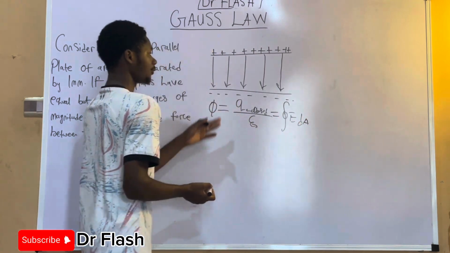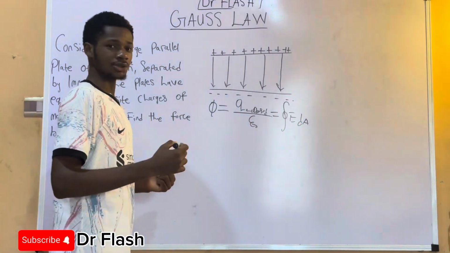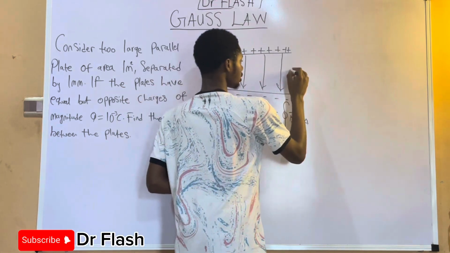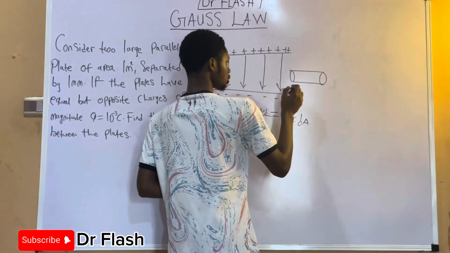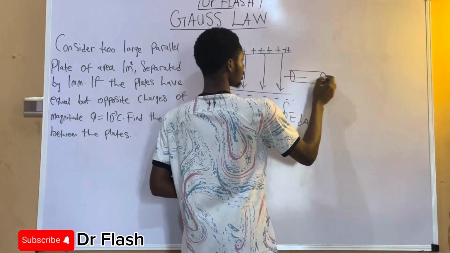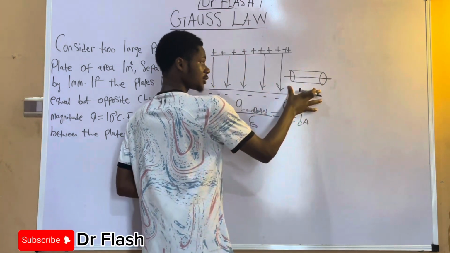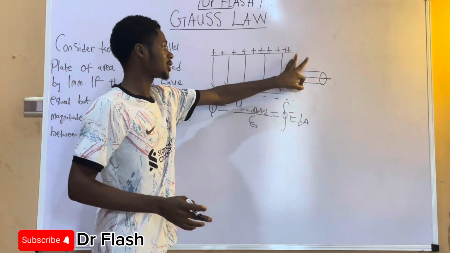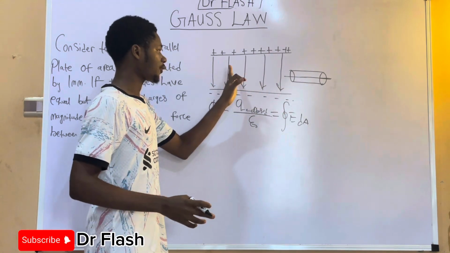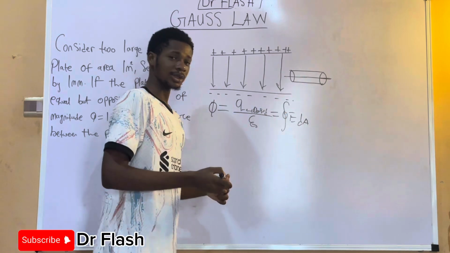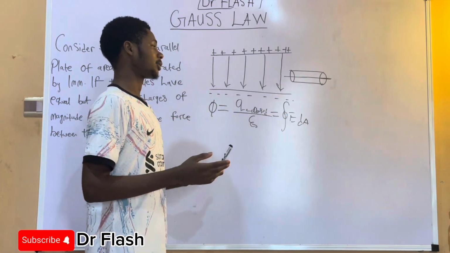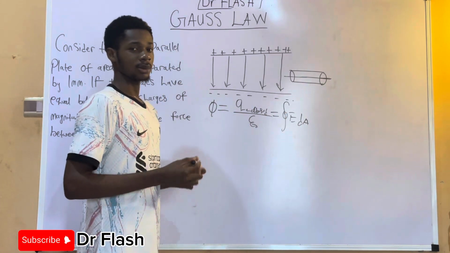Now for an open surface like this, we need to bring in a Gaussian surface. In this case we're going to bring in a cylinder. We've done something like this in our previous video, so you might want to watch that one if you do not understand this. Bring in an imaginary cylinder. We'll assume that this cylinder is inside of this plate. Now we also derived a formula for calculating something like this when we talked about an infinite long line of charge.